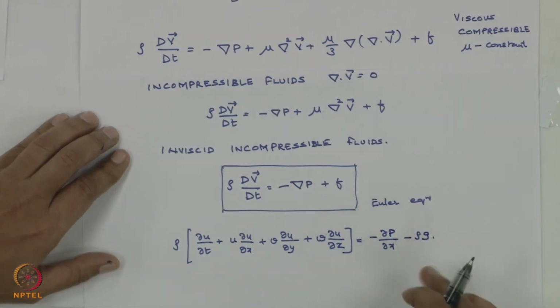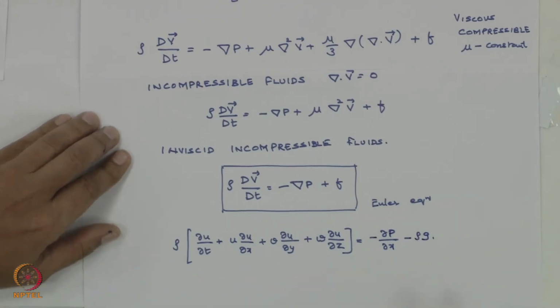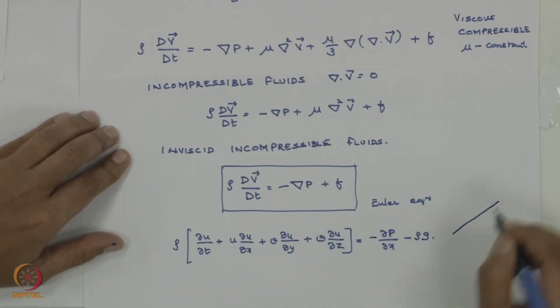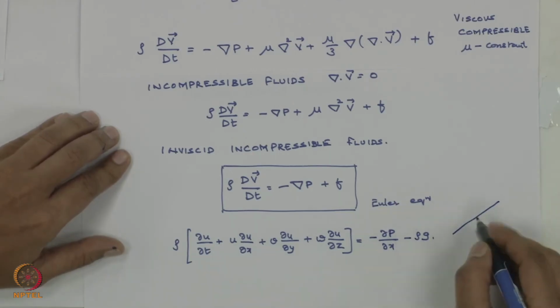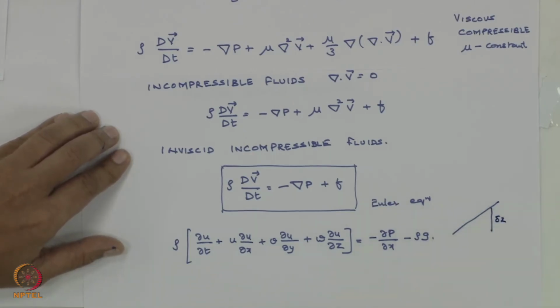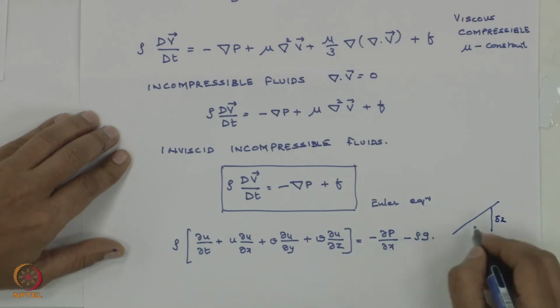I have taken body force from top to bottom, that is, it is acting downwards. So you have a streamline in this, and this is my delta z, and let's say this is sine theta.